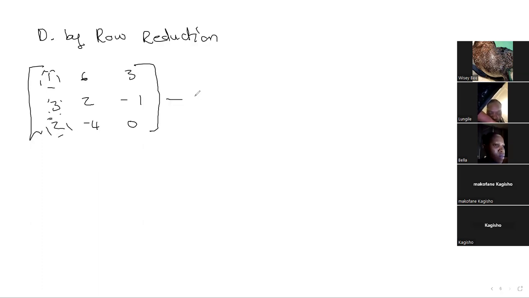So we do this by saying we need to add these two numbers to get a 0, but we can't just say 1 plus 3 because it's not going to give us 0. We can say minus 3 R1 plus R2 will give us R2. Then minus 2 R1 plus R3 will give us R3.